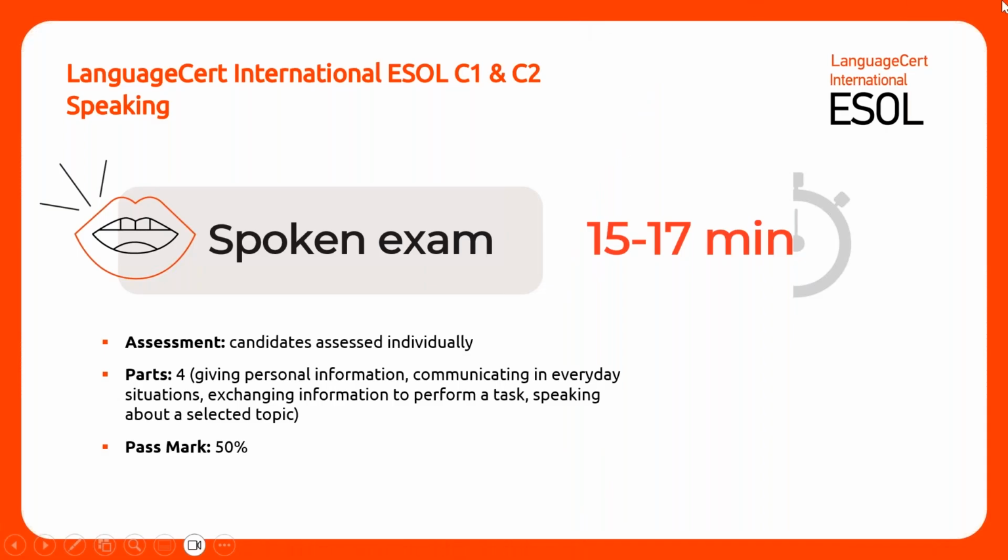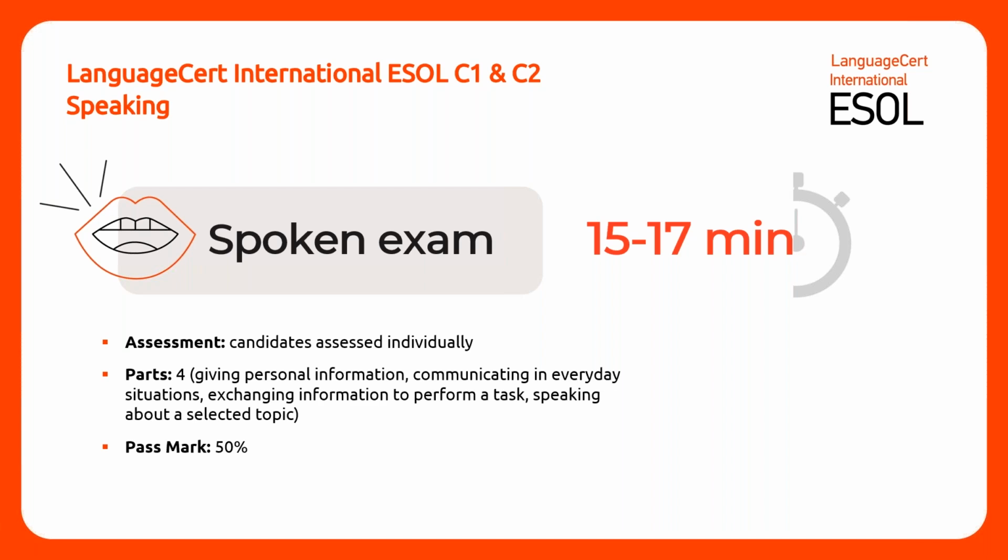First of all, a brief reminder of the key features and samples of the C1 and C2 level spoken exams. Candidates are assessed individually, and the spoken exam for both levels consists of 4 parts: giving personal information, communicating in everyday situations, exchanging information to perform a task, and speaking about a selected topic.